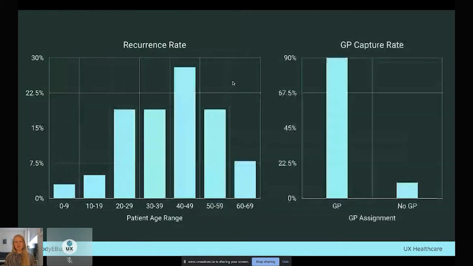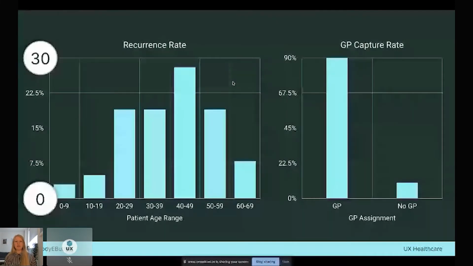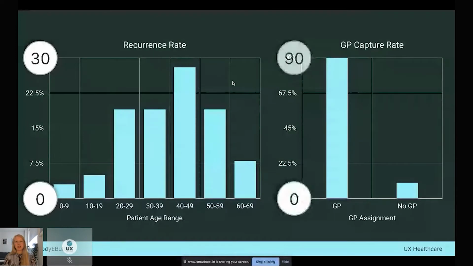Something I often see on dashboards is that when we have two graphs or more even next to each other, there isn't a lot of thought about how those things might compare to each other or are part of a bigger picture. Now the graph on the left, the axis goes from 0 to 30, while on the right, it goes from 0 to 90. And when we're talking about percentages, you need to be very careful to always show the full 0 to 100% to give that right perception of the data.